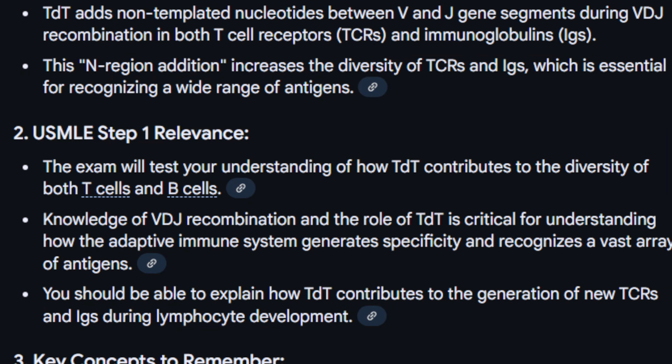The TdT adds non-template nucleotides between the V, D and J gene segments during VDJ recombination in both T-cell receptors and immunoglobulins. This addition increases the diversity of TCRs and Igs, which is essential for recognizing a wide range of antigens.